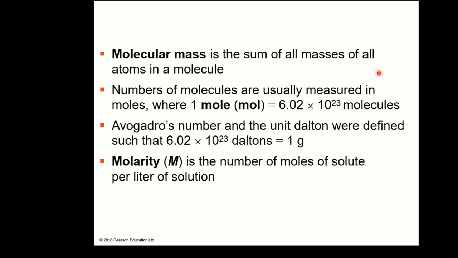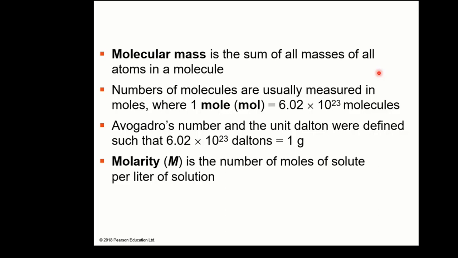So molecular mass, I remember we talked about this last time, earlier in this session. Molecular mass is the sum of all masses of all atoms in a molecule. The number of molecules is usually measured in moles, where 1 mole is 6 times 10 to the 23 molecules.